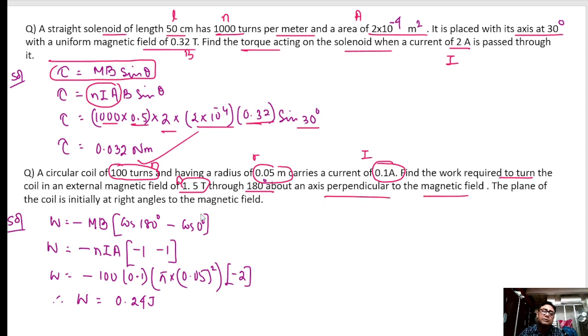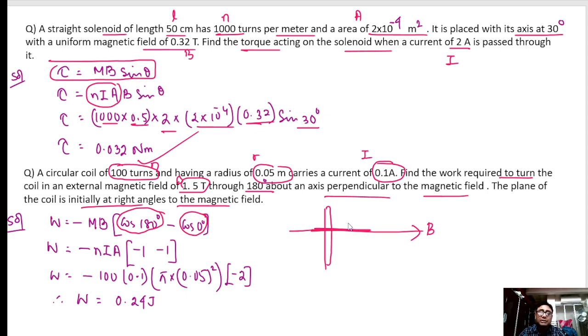So that means it was starting from 0 degree to 180 degree. They are telling the coil is initially at right angles to the magnetic field. That means this was the coil, this is the magnetic field. As you can see, the plane of the coil is perpendicular.